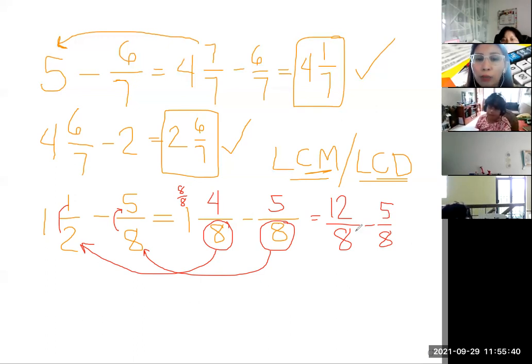Yes po, pwede na tayong mag-subtract. Again, itong 1 dito, binorrow natin. Kailangan natin ng 1 whole by copying the denominator 8. Let's subtract 12 minus 5, it's 7. Copy the denominator, 8.